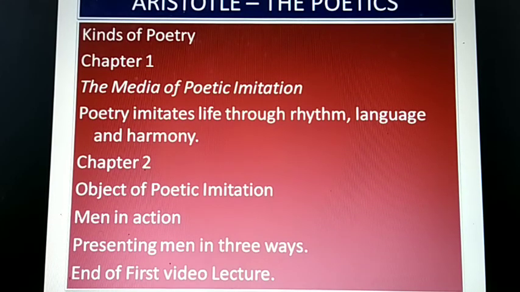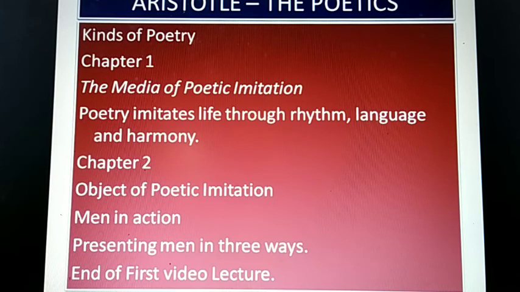Men are presented as better than they are in life, number two, as true to life as they are in real life, or as worse than they are in real life. And each author has his own tendencies.